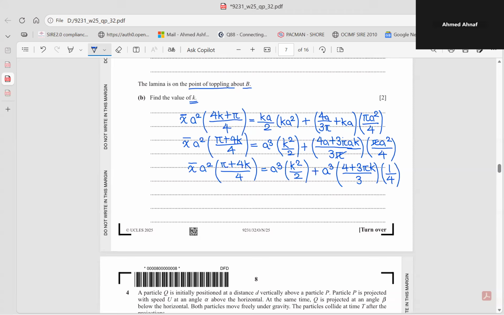So let's cancel out the a squared. All right, so we have x bar pi plus 4k over 4.